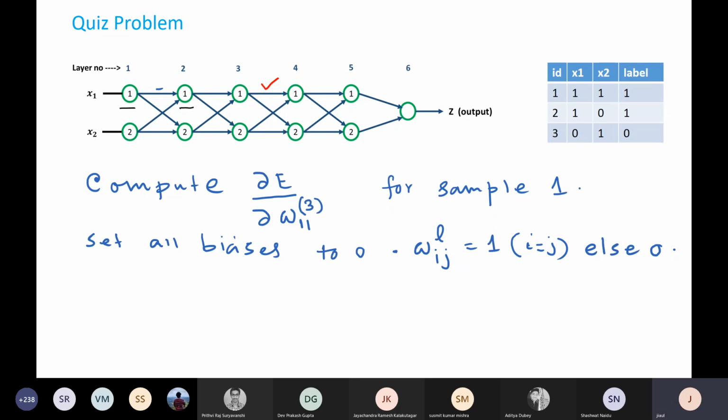Then you come back, connecting layer 4 to 5, you compute that, and then you only compute this del W113. So precisely what are the quantities we need to compute?